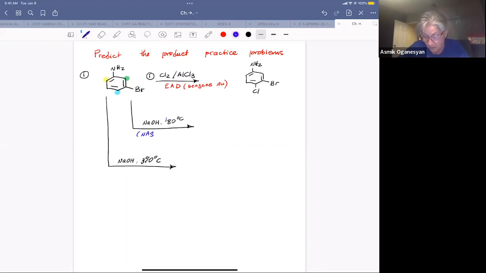And since the temperature is pretty low, the reaction can proceed only by the addition elimination scenario. And as we remember, for the addition elimination reaction, what do we need?